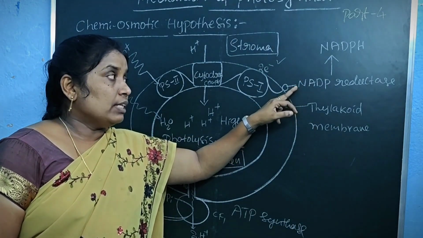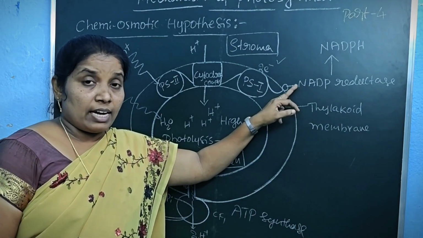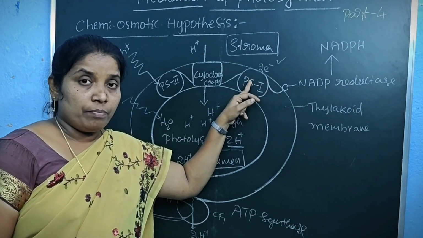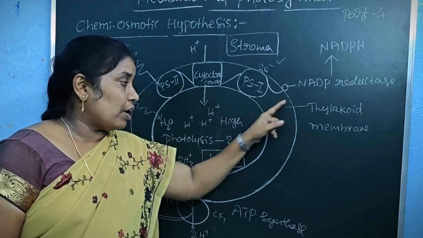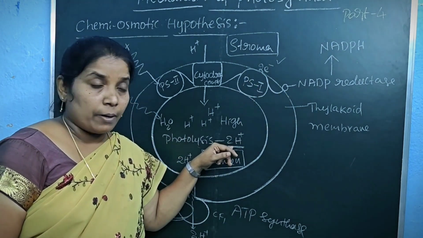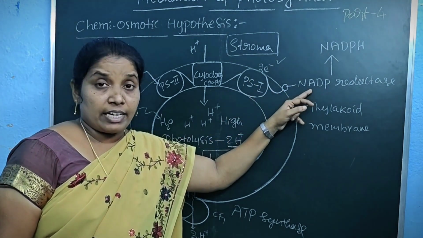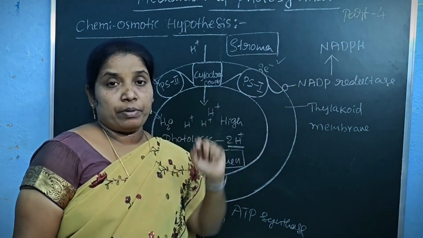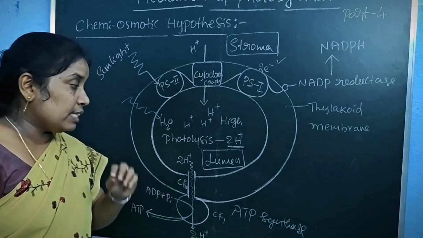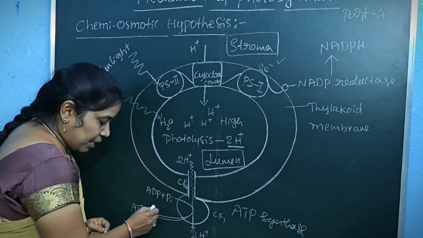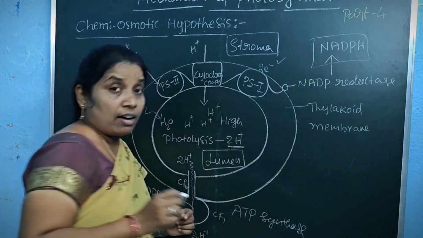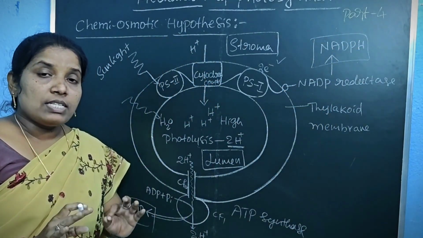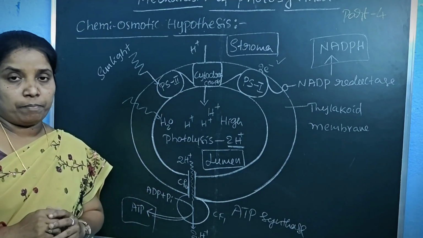It receives electrons from PS1 as well as protons from the photolysis of water, so it gets reduced into NADPH. In this way, ATP preparation and NADPH preparation occur in the non-cyclic electron transport chain.